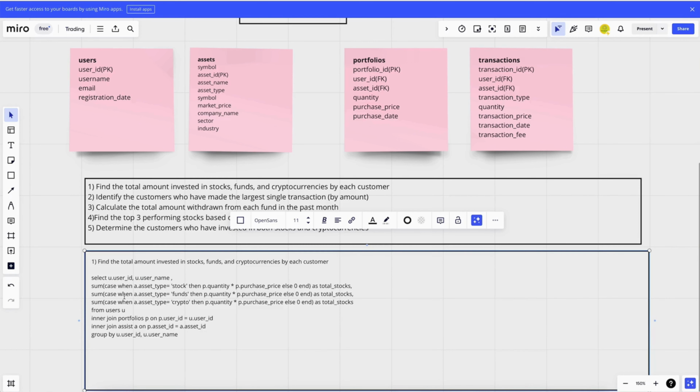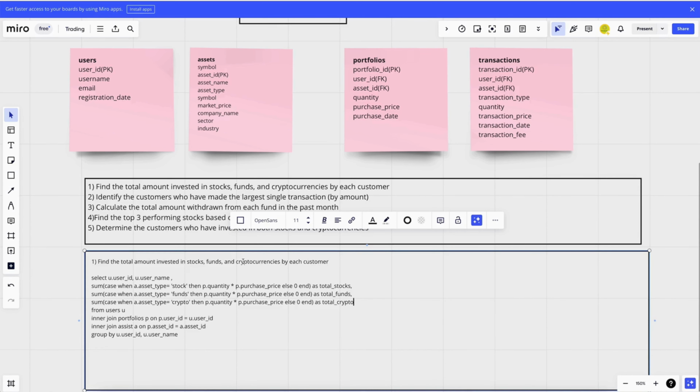So now we have, for each user and the username, the sum of the stock: if the asset type is stock, the total quantity times purchase price as the total stock, and this will be as total funds, how many funds that user has, and how much crypto investment he did.